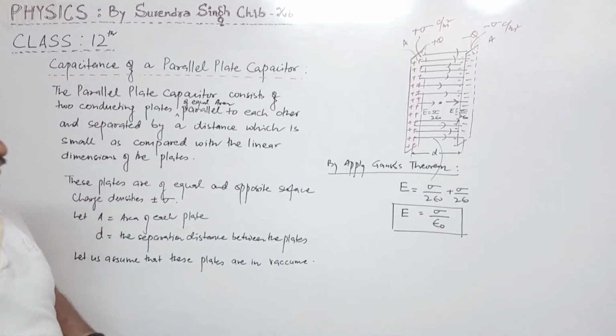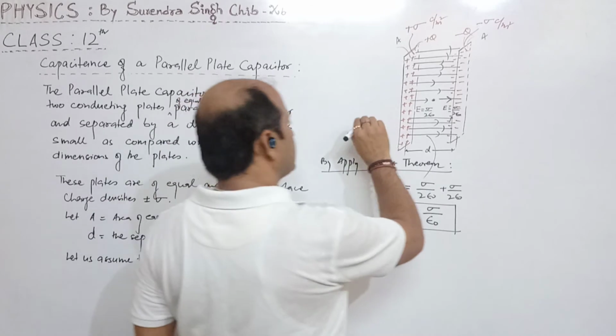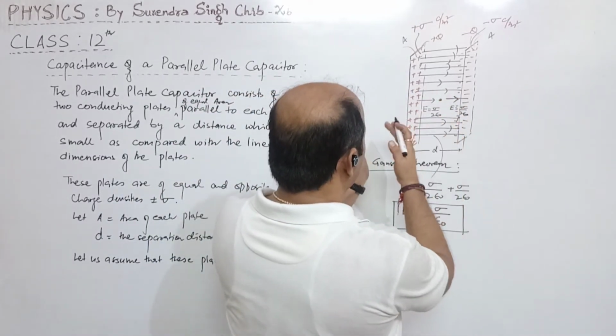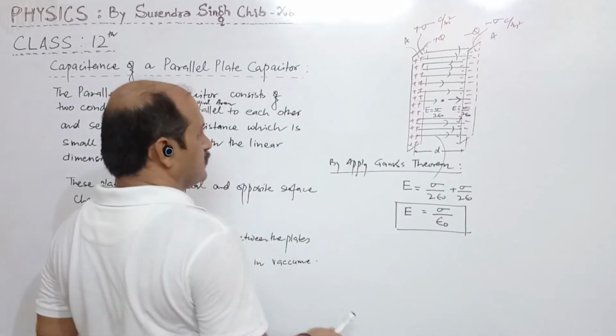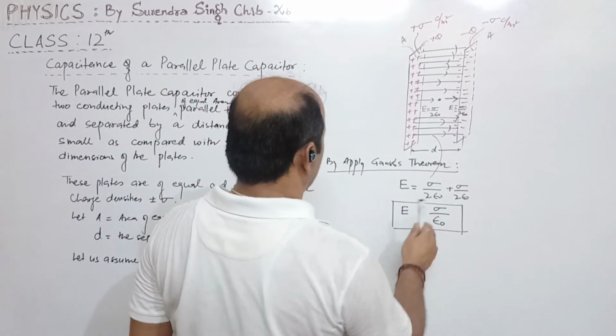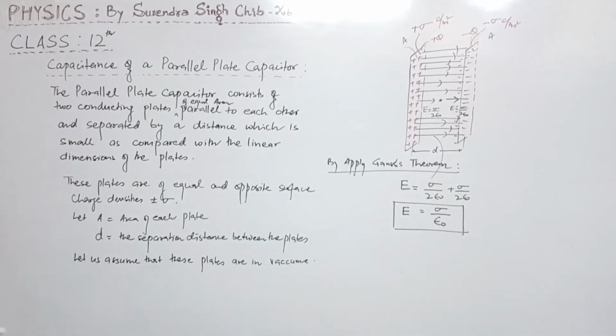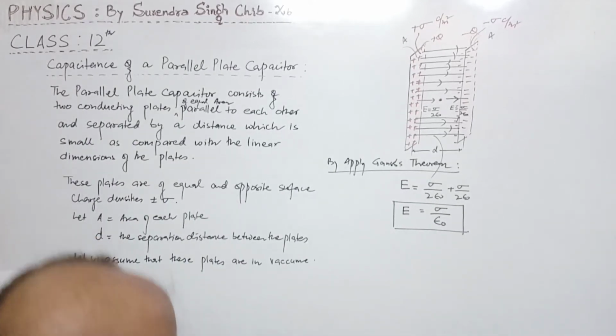By applying Gauss's theorem, we can find the electric field inside the two parallel plates which are equally and oppositely charged, and it is equal to sigma by epsilon naught. So what is the electric field inside the plates? It is sigma by epsilon naught.